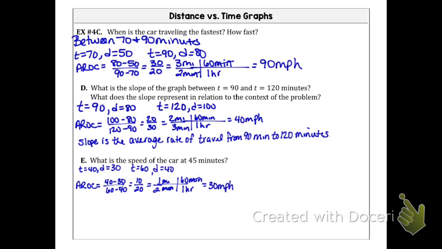So it comes out to be about 30 miles per hour. So we can assume that the speed of the car at 45 minutes, the average is going to be around 30 miles per hour.